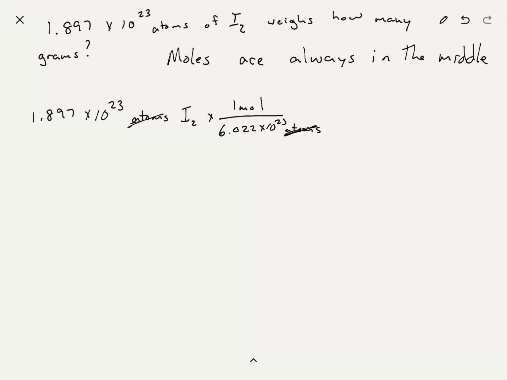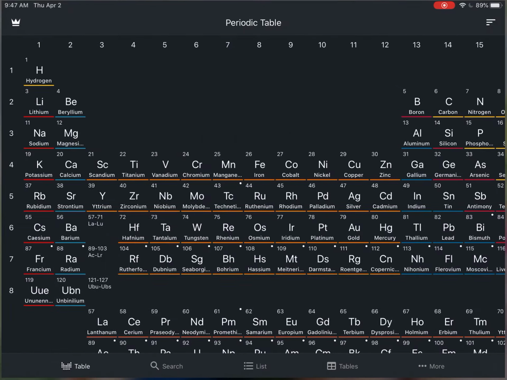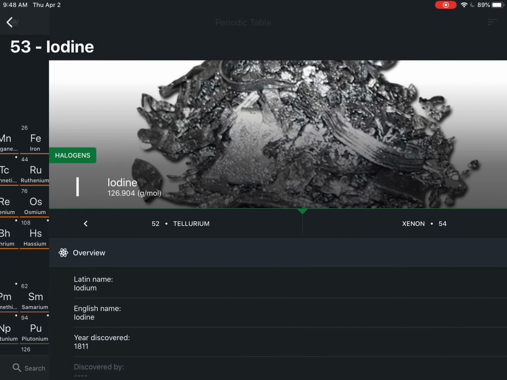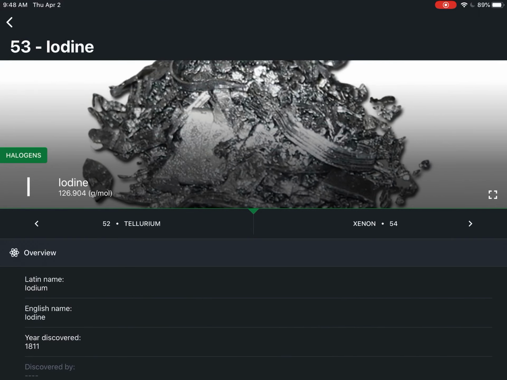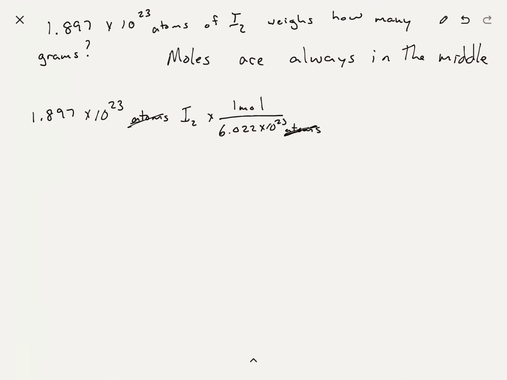And then after that, what we need to do is multiply by the molar mass of iodine. So let's find that number real quick. Iodine, 126.904.